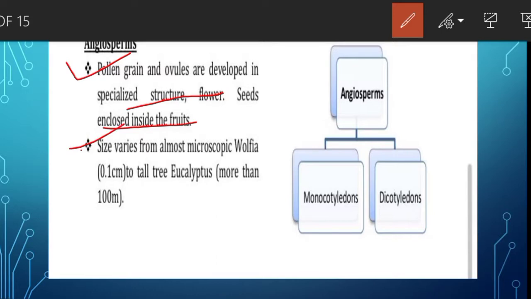Again, the leaves may be simple or compound, and angiosperms have vessels in xylem. Phloem contains sieve tubes and companion cells, in contrast to gymnosperms, which do not have companion cells. Further, angiosperms are classified into two, that is monocotyledons and dicotyledons.